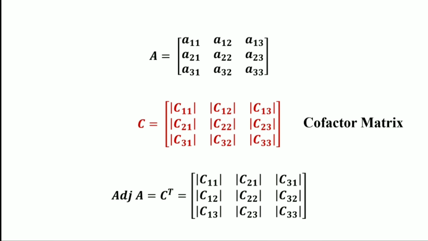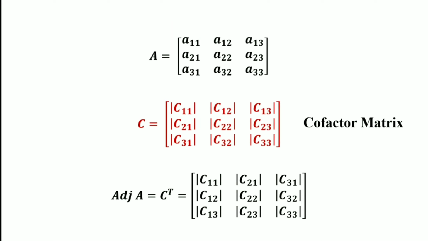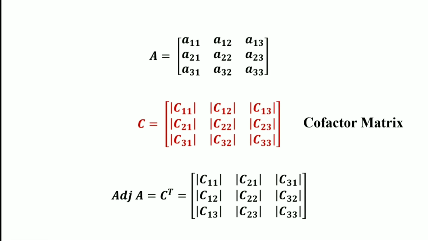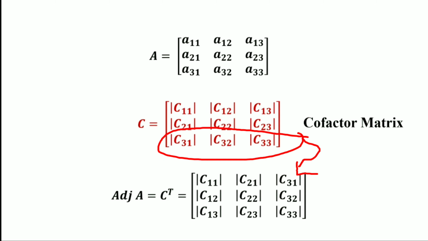If we have a 3 by 3 order matrix, matrix A is equal to A11, A12, A13, A21, A22, A23, A31, A32, A33. Then for finding the cofactor matrix, first we have to find the minors and cofactors. Then each element of matrix A is replaced with its cofactor, and we get a cofactor matrix like this. Then after getting the cofactor matrix, take the transpose of the cofactor matrix, that is, interchange rows into columns and columns into rows.